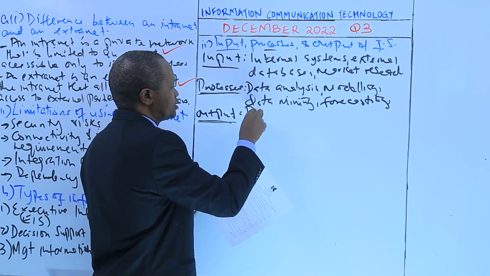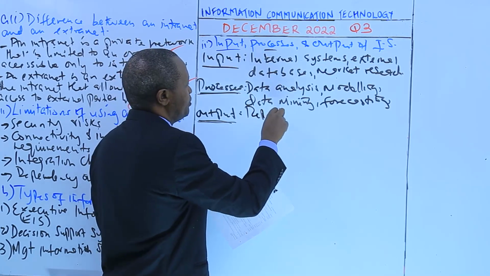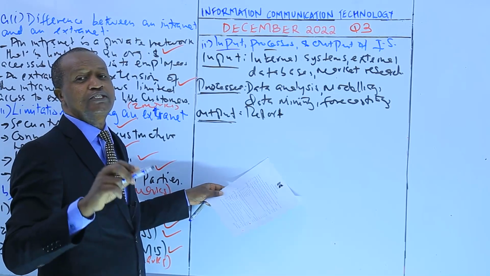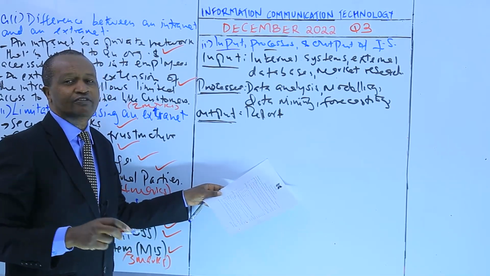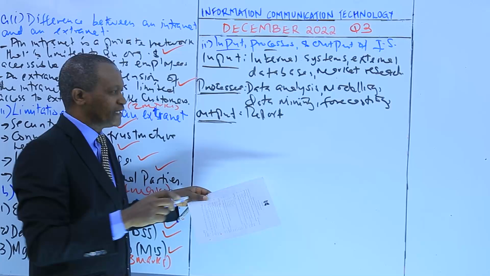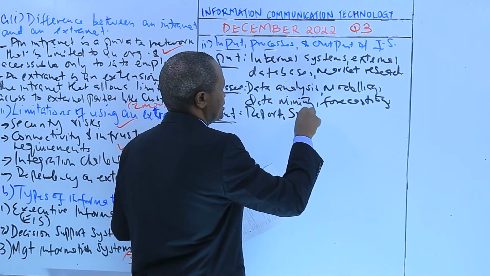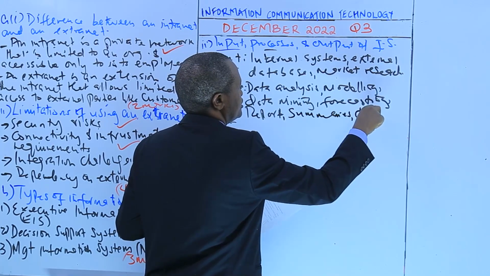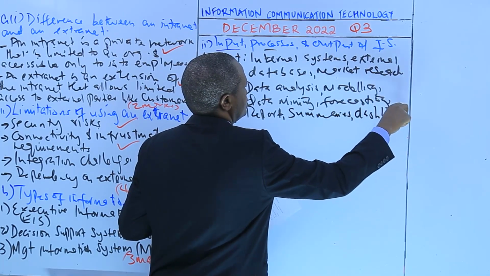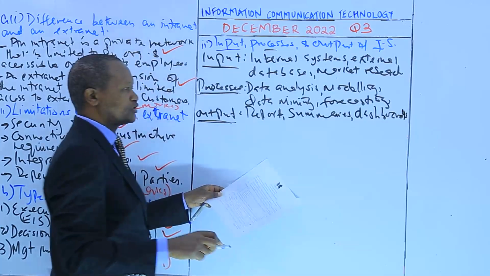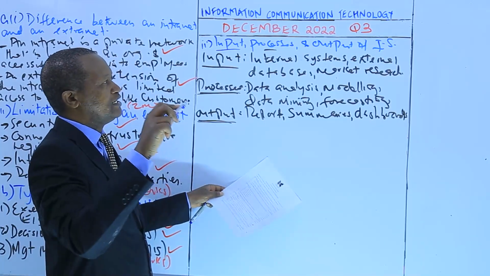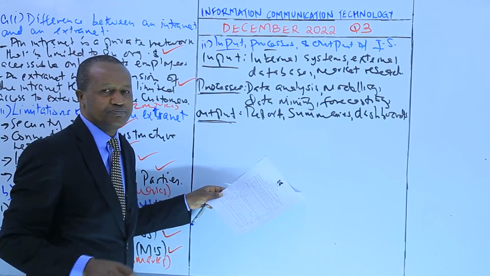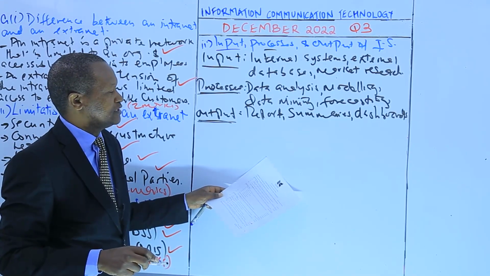We have reports. A report is an output of an information system. We may have summaries, dashboards. Reports, summaries, dashboards. These are outputs of information system. Do you understand?